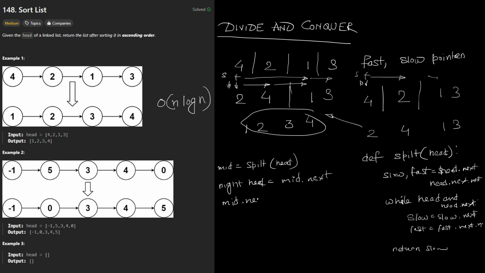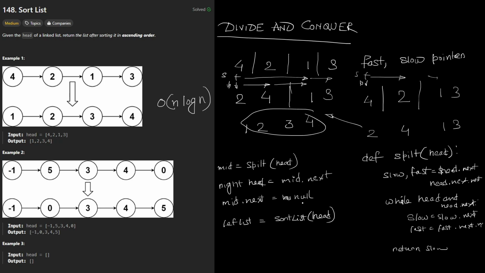So mid dot next equal to null, and there would be two pointers like left list, and here it is going to call that function, let's say with short list, it is going to pass in the head.